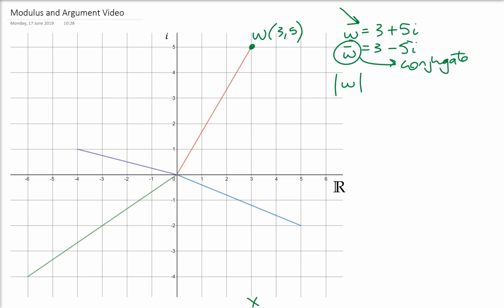Rectangular form, yeah. There's another form of describing complex numbers, sort of like a vector form, with a magnitude and a direction. In other words, a modulus, which is the length, and an argument, which is our direction. So what is the length of W? How would you do that?